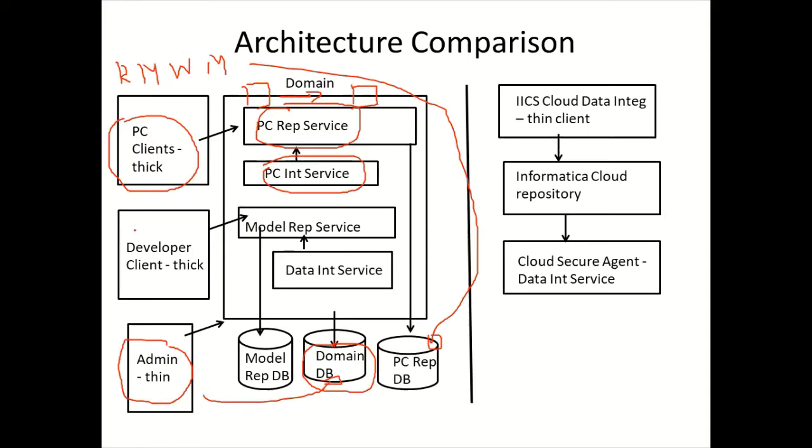Similarly, we have your developer tool, which is basically used for your IDQ, where you can perform transformations like your standardizer transformation or your matching transformation, all those things, which again has two components. One is your model repository service.